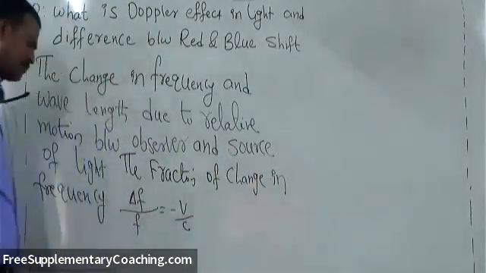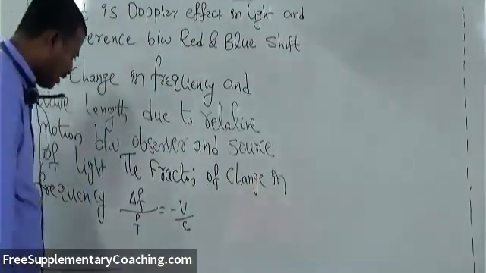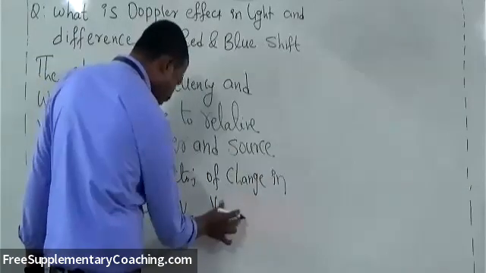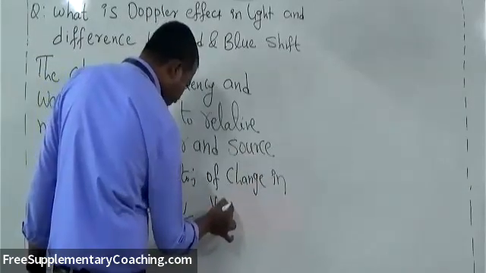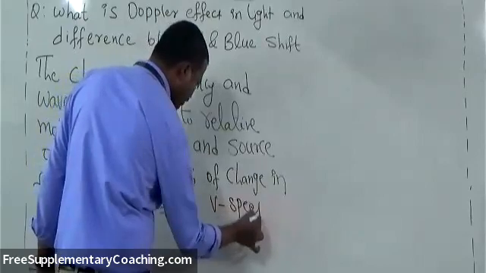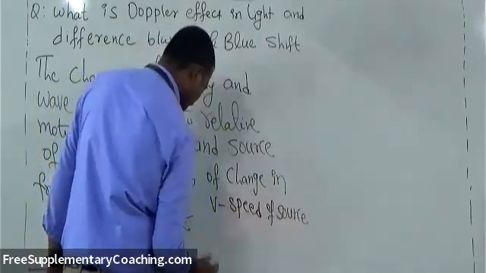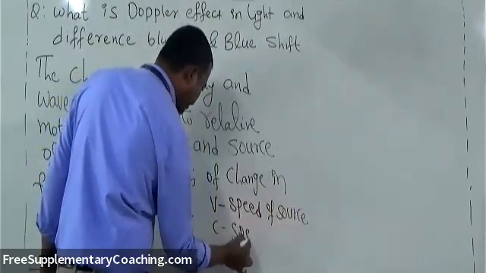Here v is the speed of source and c is the speed of light.